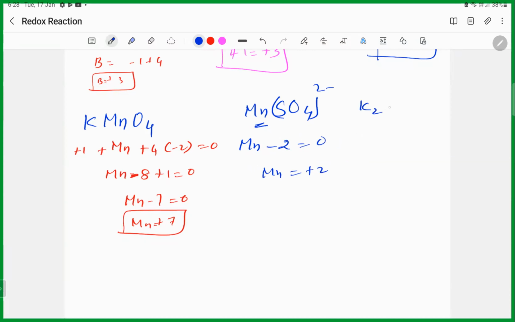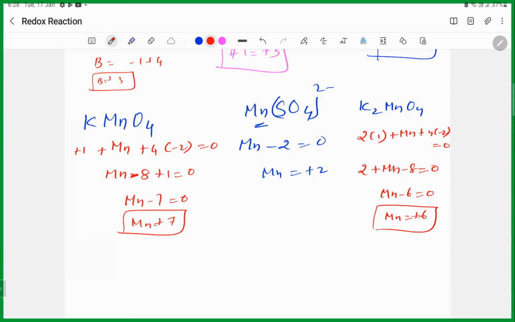Then K2MnO4: 2 times +1 plus manganese plus 4 times -2 equals 0. So 2 plus manganese minus 8 equals 0, manganese minus 6 equals 0, manganese equals +6. Look at this: for manganese you have +6 oxidation, +2 oxidation, +7.